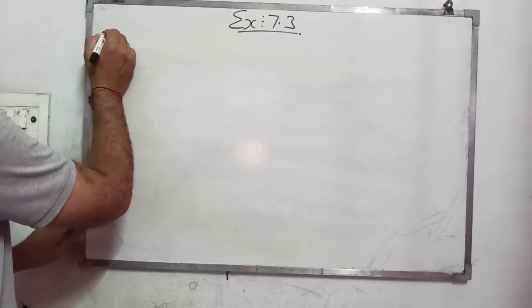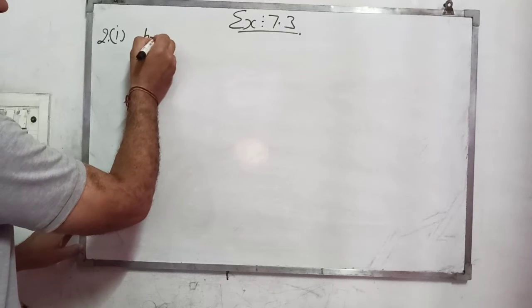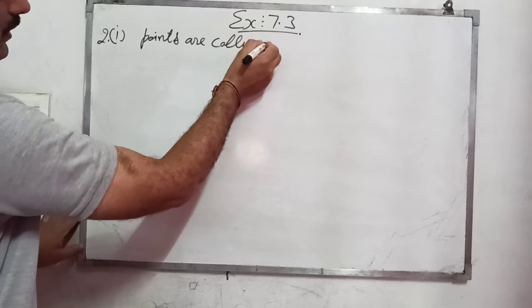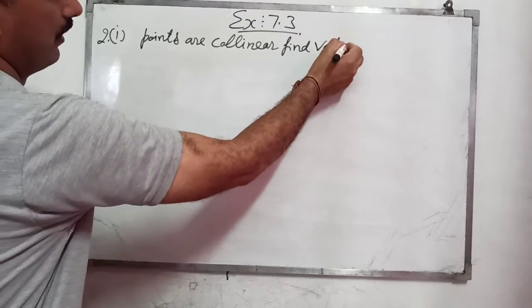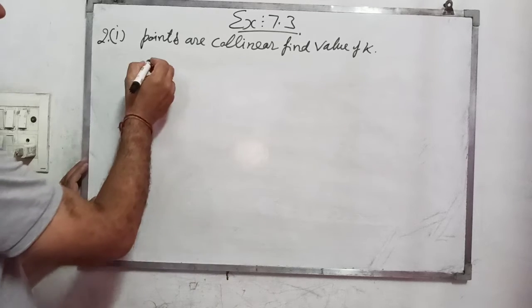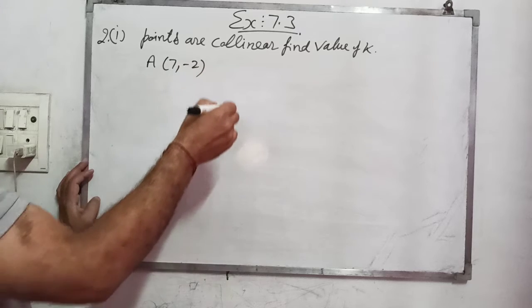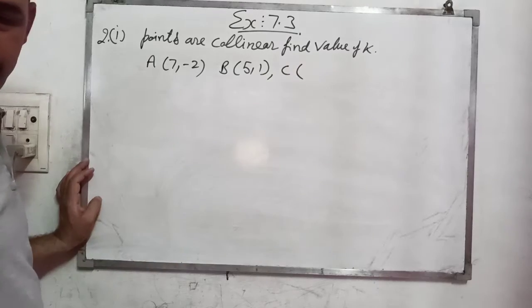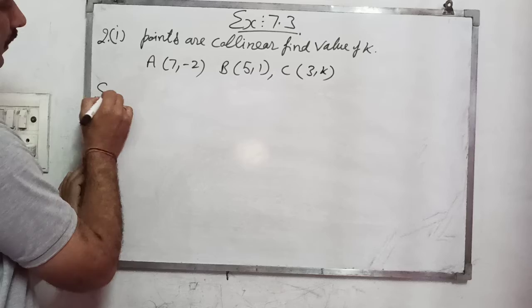The points are A (7, -2), B (5, 1) and C (3, k), right? Look at the solution.